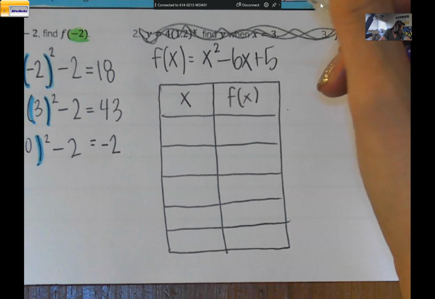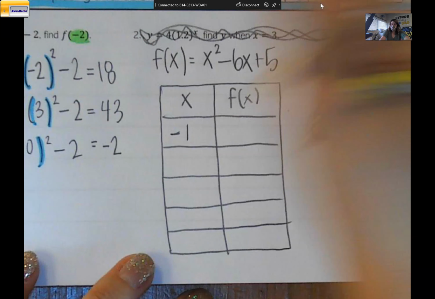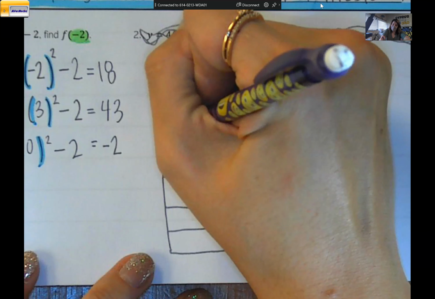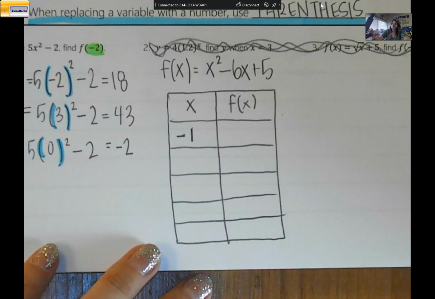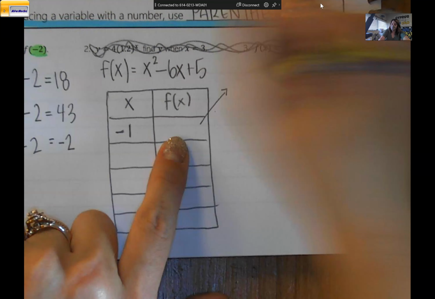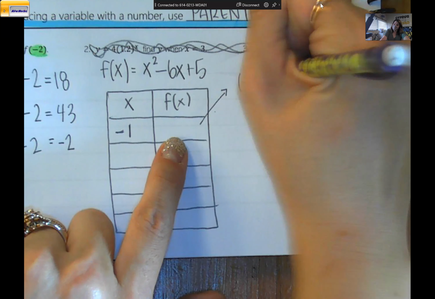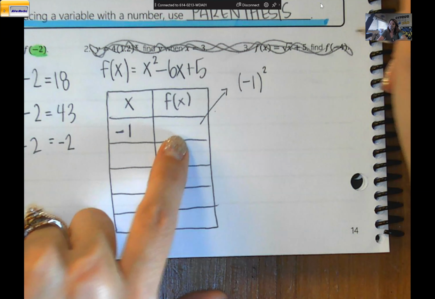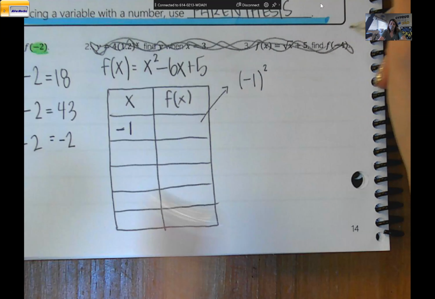So the first one that we're going to try is -1. So I'm going to use the space over here to write out what that would look like. This would be parenthesis -1 squared. Remember, you always put parentheses around what you're plugging in. And what we're plugging in this time is this -1.